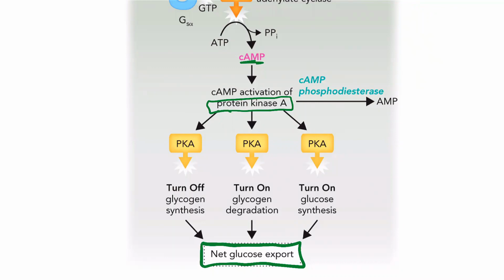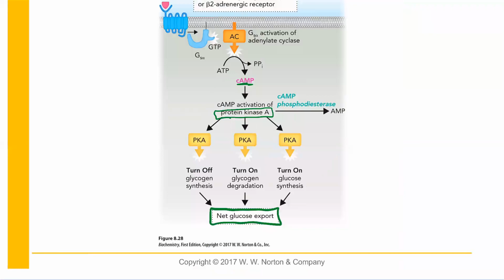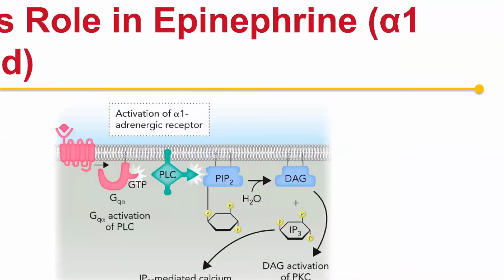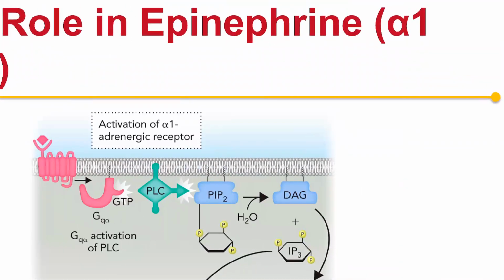Okay. All right. So what if we have epinephrine, but it's not going to bind to the beta 2 receptor? We want it to bind to alpha 1. What happens? Well, we're going to end up at the same result, but we're taking a different path, right? So in this case, we convert our Gq alpha from the GDP to the GTP version.